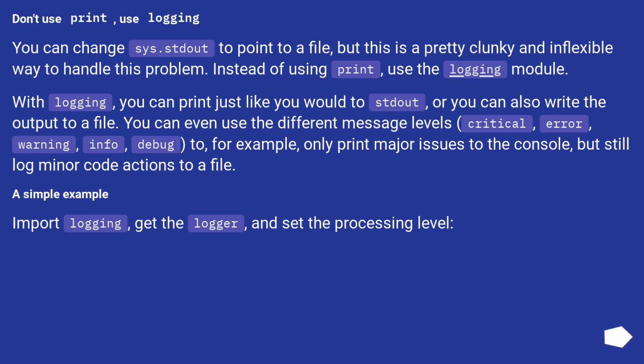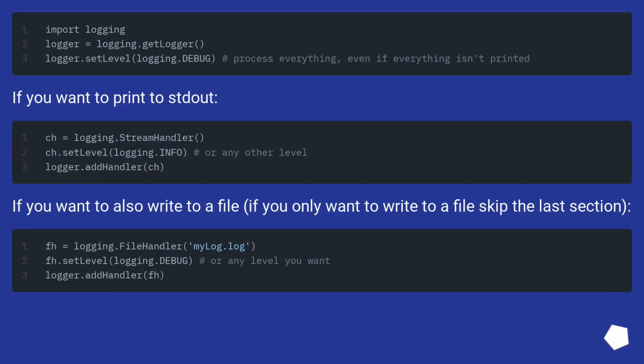A simple example. Import logging, get the logger, and set the processing level. If you want to print to stdout. If you want to also write to a file, if you only want to write to a file, skip the last section.